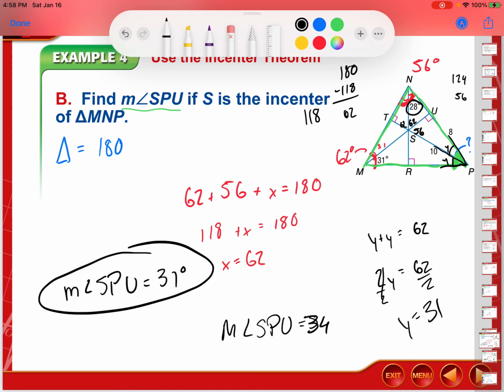So that would have to be 34. So let's have to make this 56. They totally messed this up. They messed up their numbers. This is ridiculous because there can be two different answers. They just made this triangle not work.